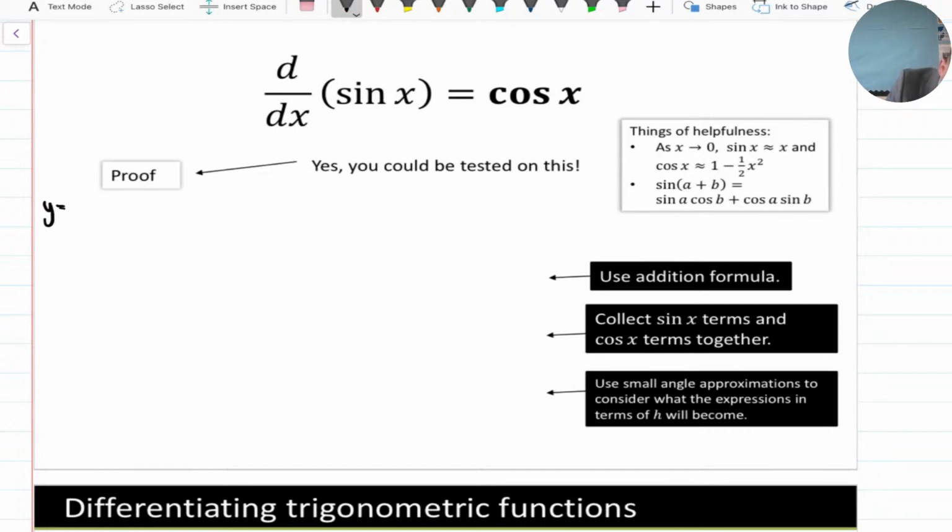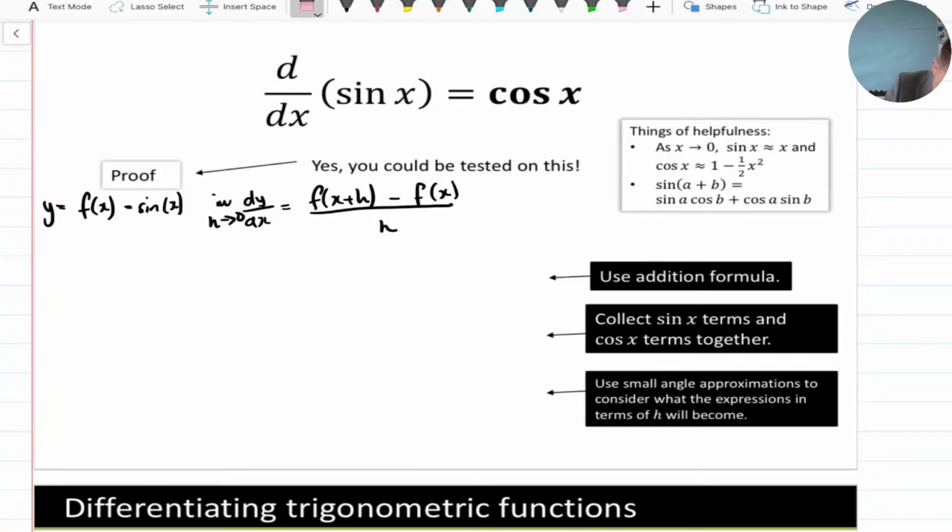So y is equal to f of x, which is equal to sine of x, like so. And if we're doing it with f of x, we know that dy by dx is equal to f of x plus h, so that tiny bit over, remember, minus f of x all over h, but knowing that this is the limit as h tends to 0.